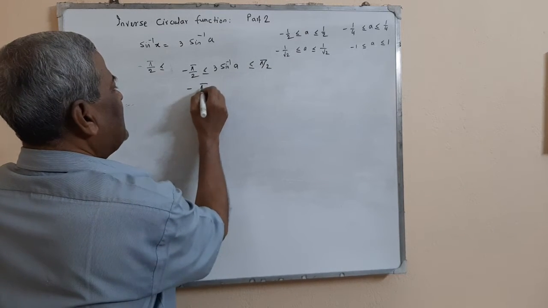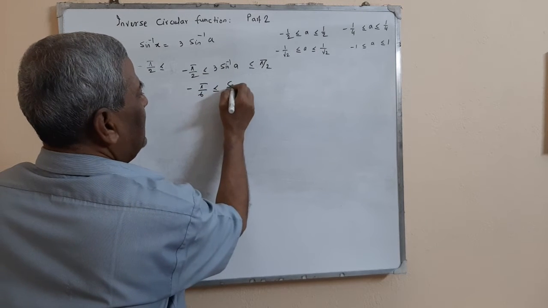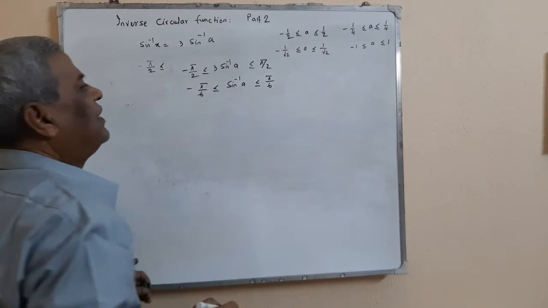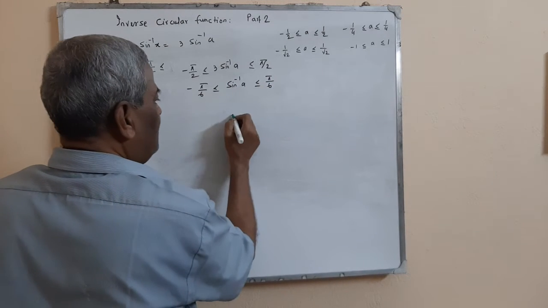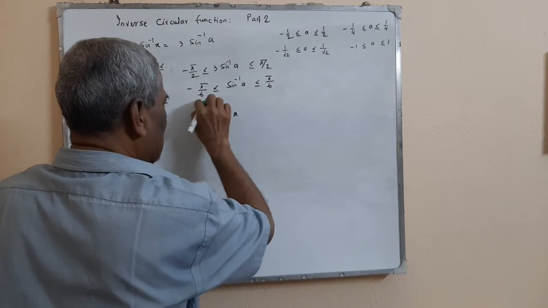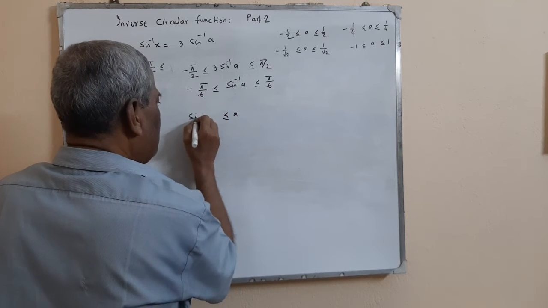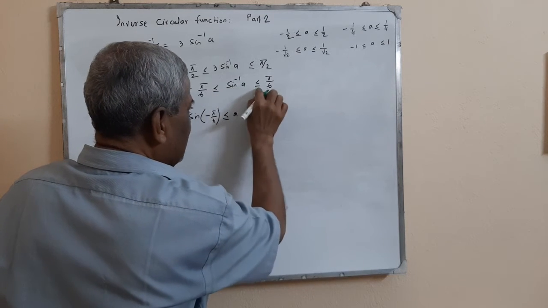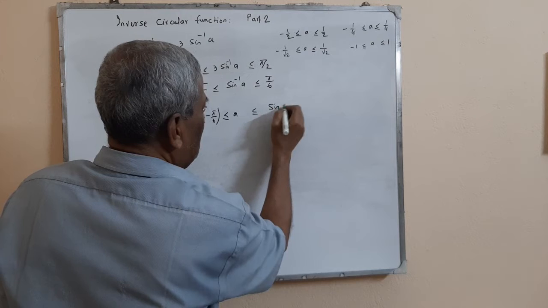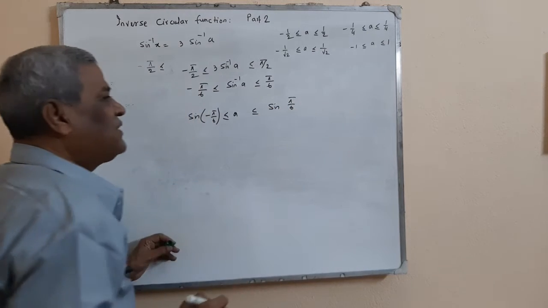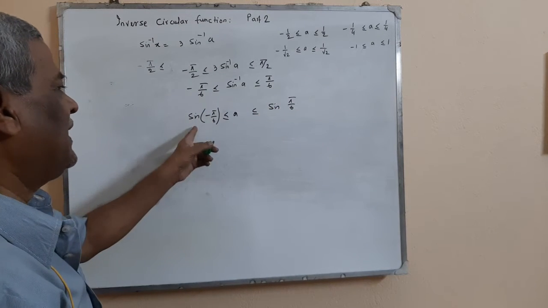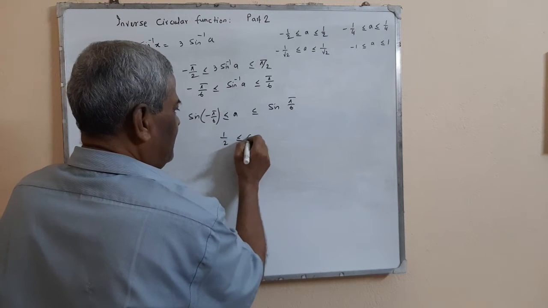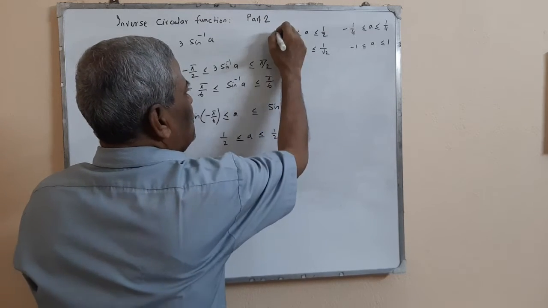So minus pi by 6 less than or equal to sin inverse A less than or equal to pi by 6. Now A is greater than or equal to sine of minus pi by 6, and A is less than or equal to sine of pi by 6, but sine pi by 6 is half, sine minus pi by 6 is minus half. So minus half to half. So this option is correct.